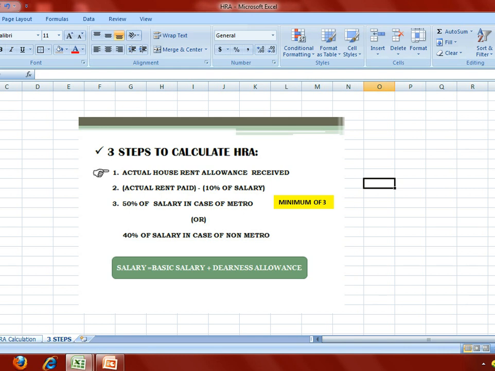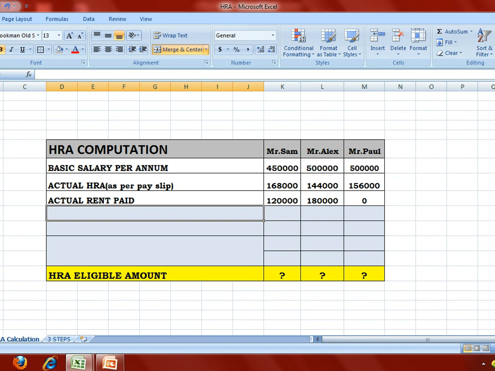Now let us move back to the calculation. The first one is actual HRA received.